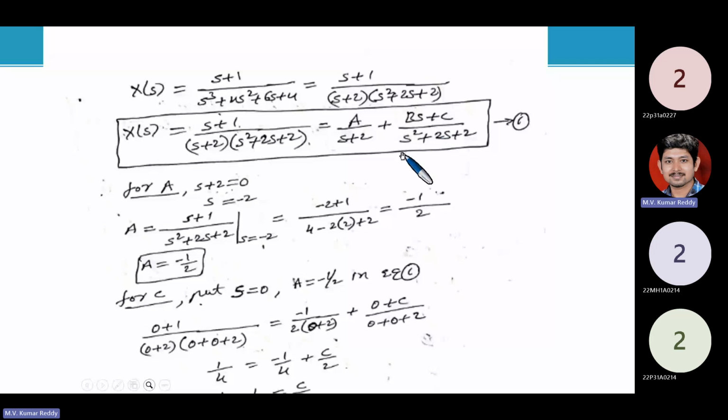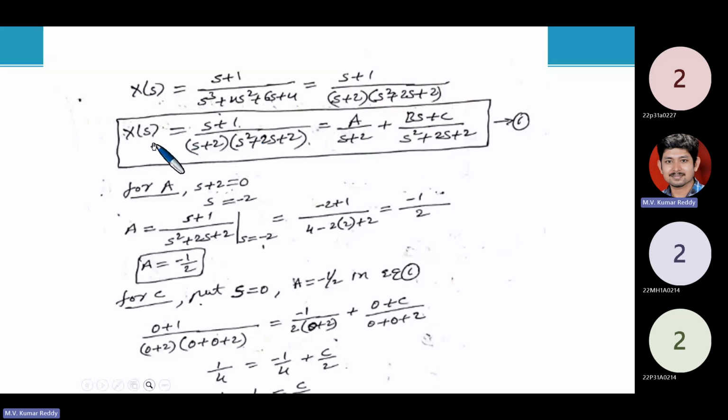For these kinds of things, one substitution we can use is s equal to 0. For a, s equal to minus 2, since s plus 2 is equal to 0. The (s plus 2) terms get cancelled, remaining (s plus 1) by (s square plus 2s). Substituting, we have this a value. For the b value, we have to take the total equation.